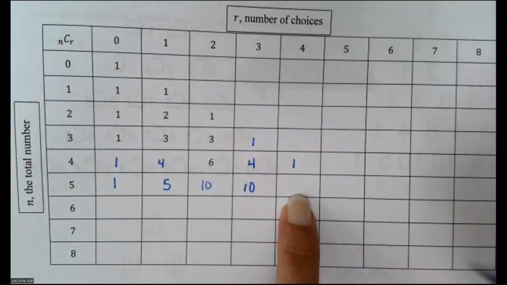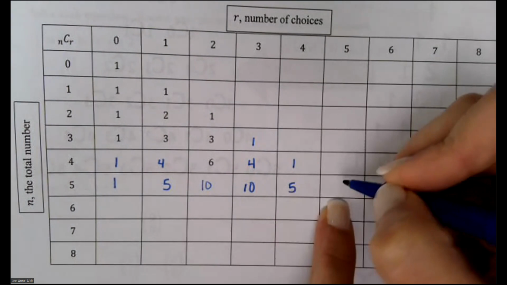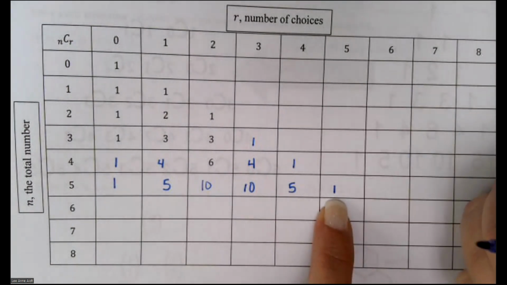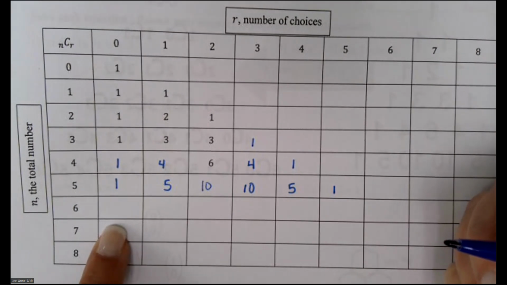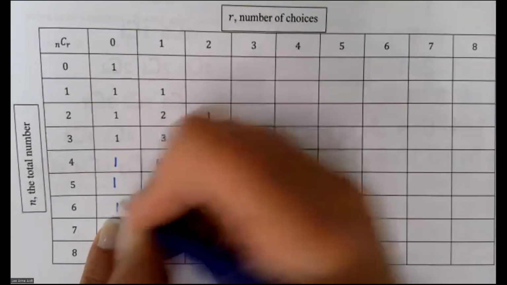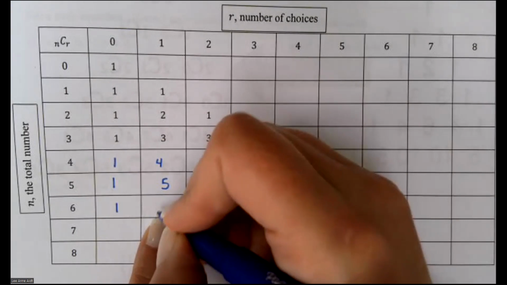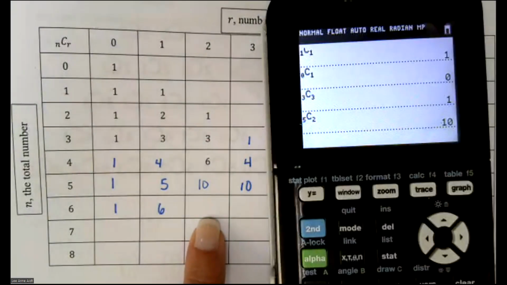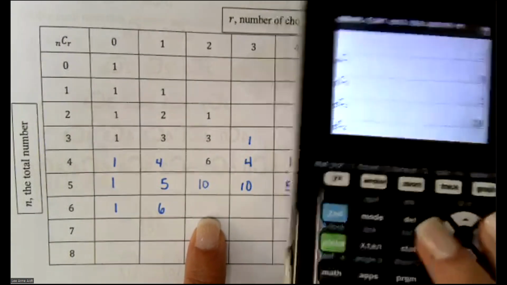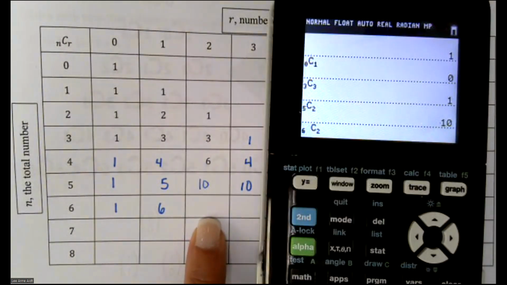Okay, what's this one going to be? 5, 1. Okay, what's this? 1, 6, 15. Let's just verify. Yep.